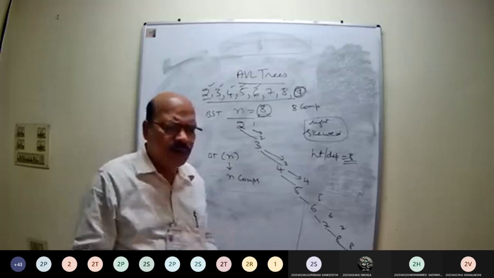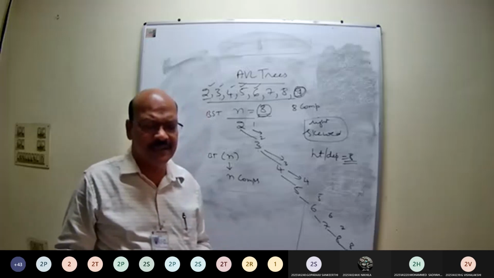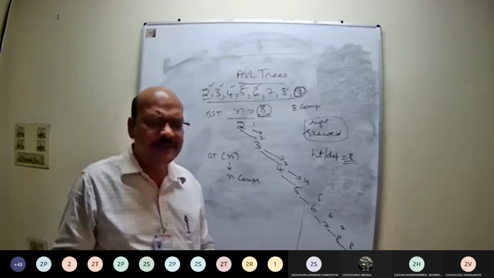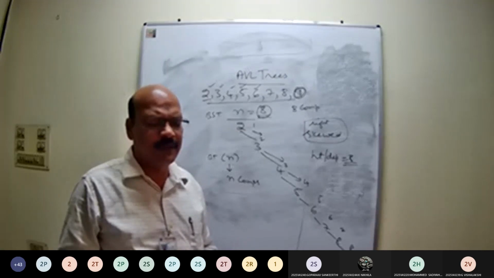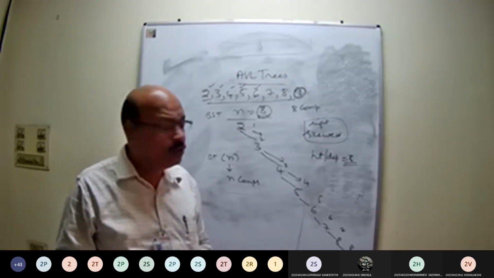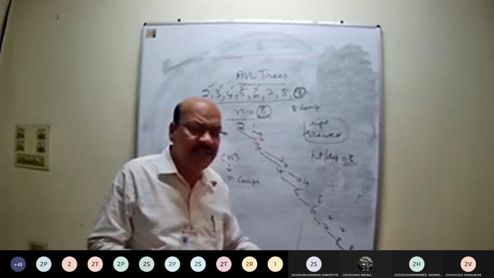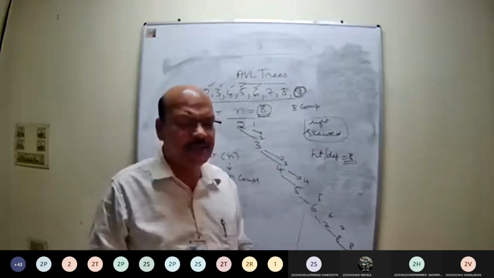If I want to decrease the number of comparisons, if I want to decrease the complexity of the search operation, then what do I need to do? I need to decrease the height of the binary search tree.